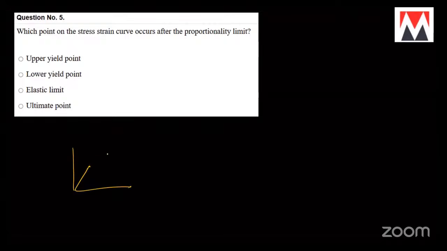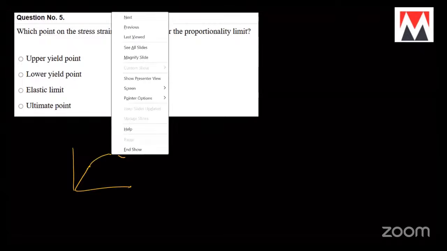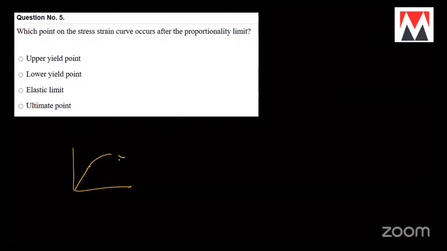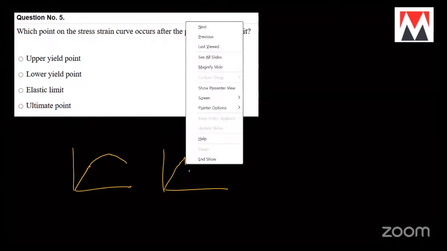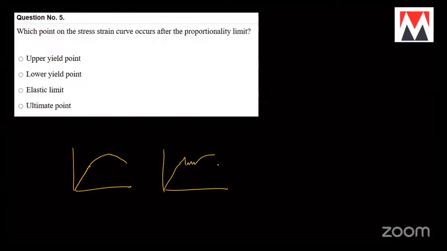After this, you will have, anyhow, you can take anything. It can be generally like this, or it can be like this. This is for low carbon steel. Now, if you see, there are some points where you need to distinguish.